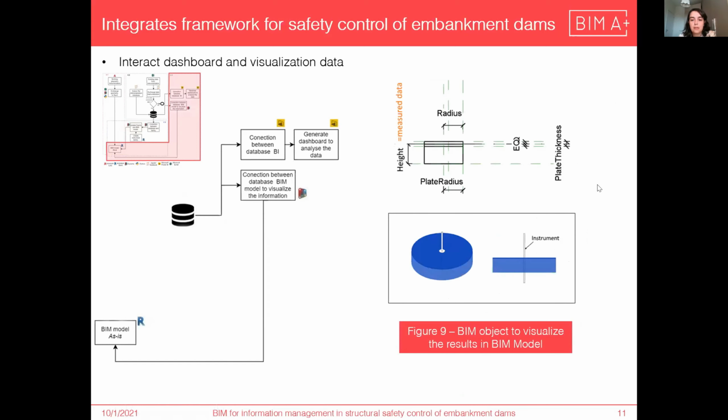Okay. The visualization of the data. To visualize the data, you use another kind of tool that connects to the database, and you connect it to the BIM model through another kind of object we created, where the height of this cylinder corresponds to the displacement measurement during the measurement data.